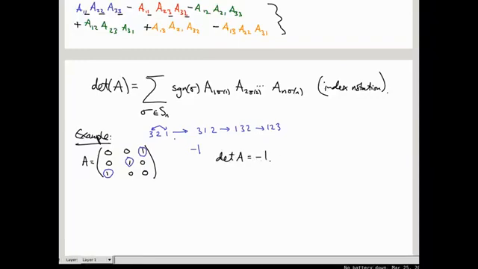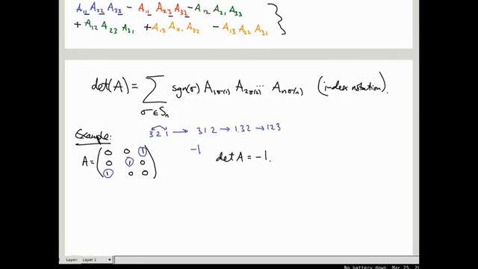And actually you've just seen in this example why this sign is a sensible thing to write down. So I said a permutation is either the product of an even number or an odd number of transpositions. Here you can express this permutation as one transposition where you just switch 1 and 3, or you can do it as 3 where you switch 1 and 2 and then 1 and 3 and then 2 and 3, but that's still an odd number.